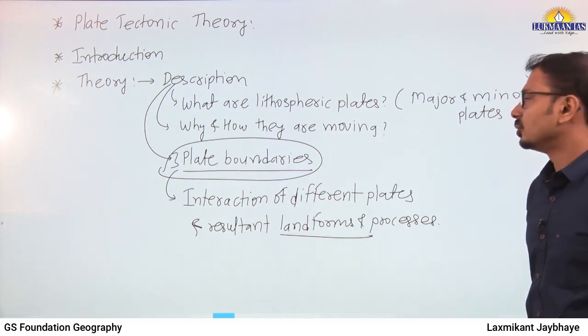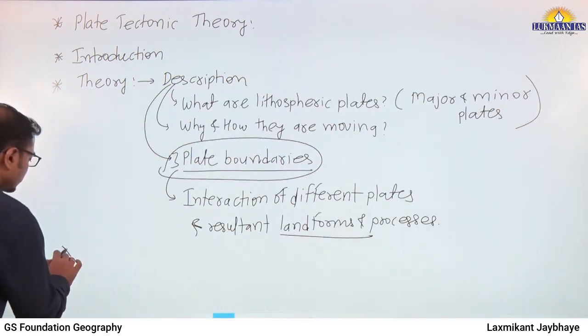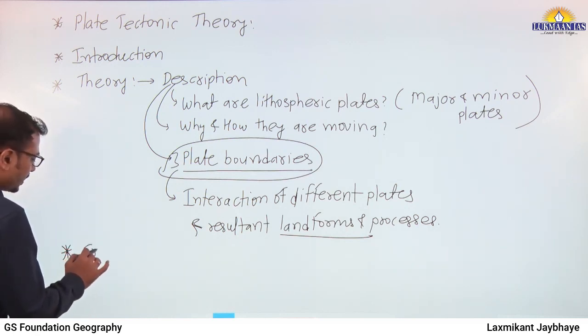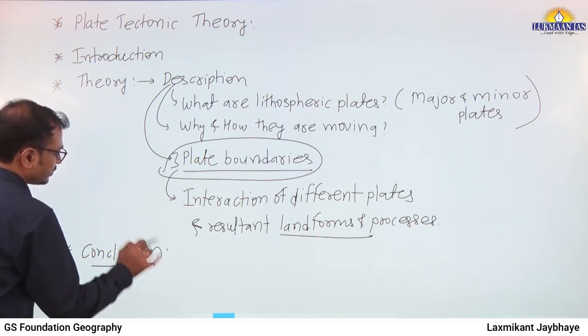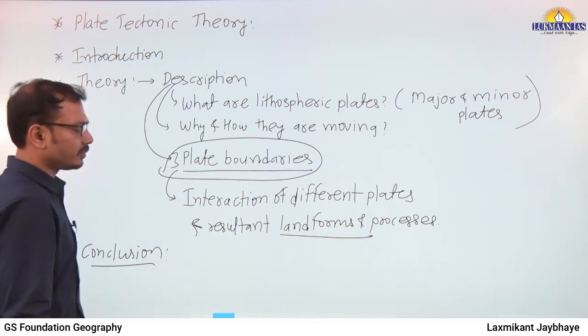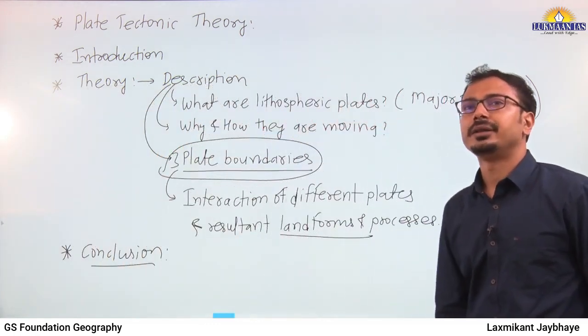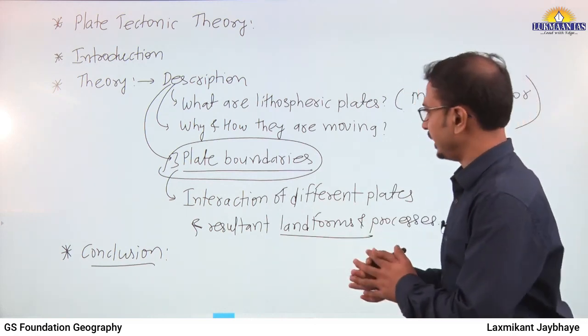Okay, so after understanding this, overall we can write in the conclusion part regarding this plate tectonic theory. Finally, okay, so this is how we are going to proceed here regarding plate tectonic theory.